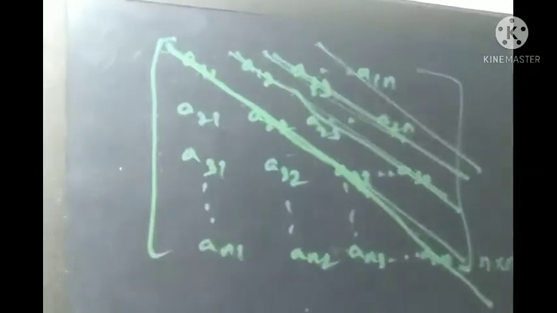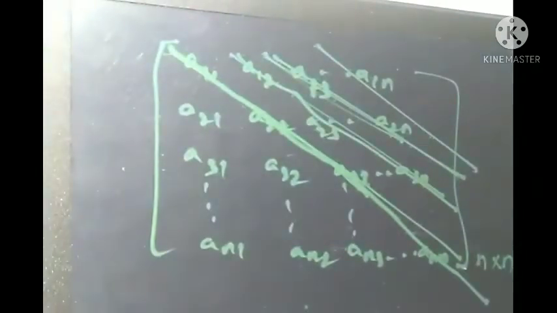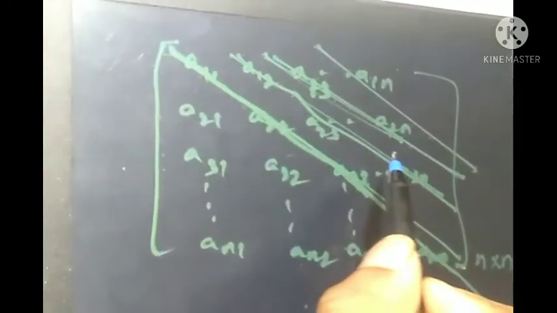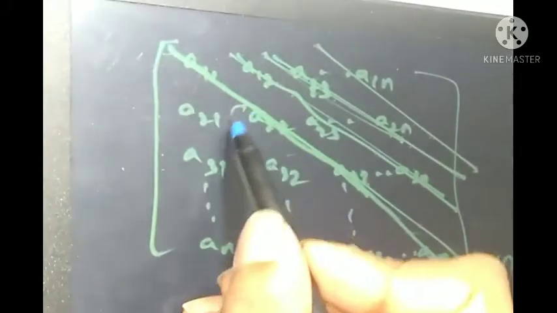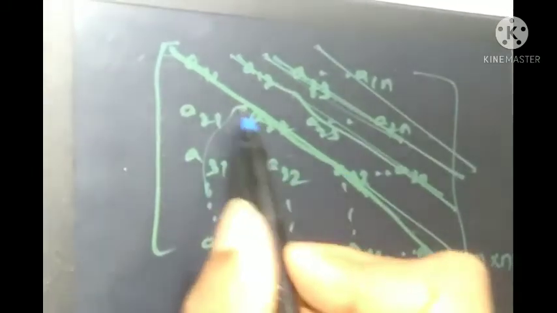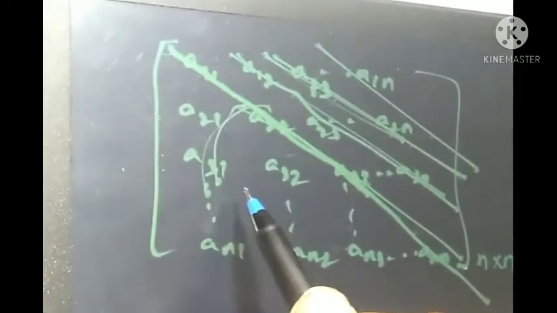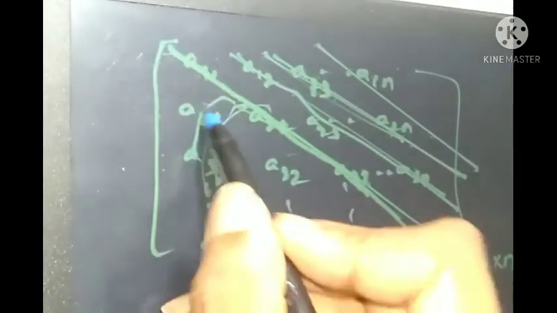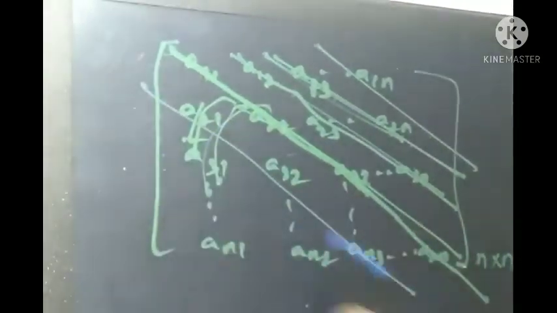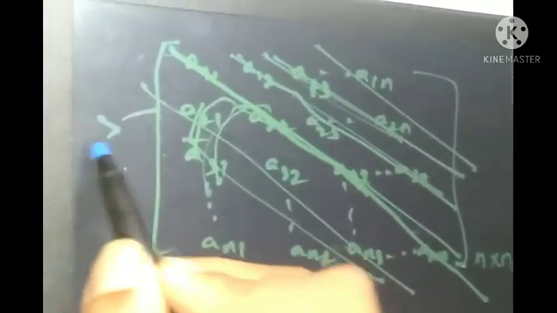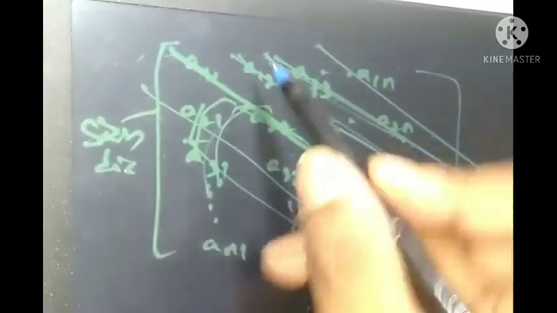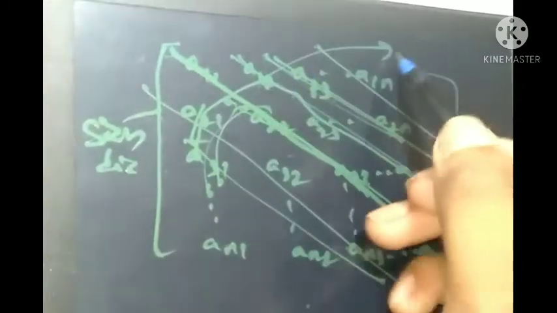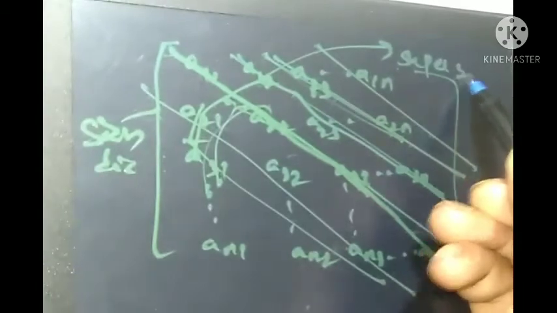The lines above the principal diagonal we call super diagonal lines, and the lines below the principal diagonal we call subdiagonal lines.